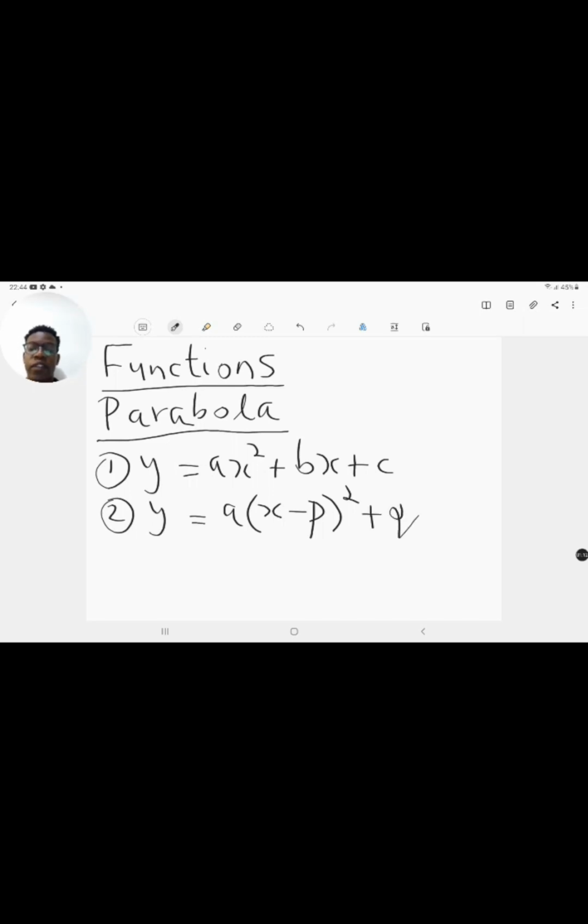This is the second form, and the third form that we can express our parabolic function in is y equals a open bracket x minus x1 close bracket, open bracket x minus x2 close bracket.